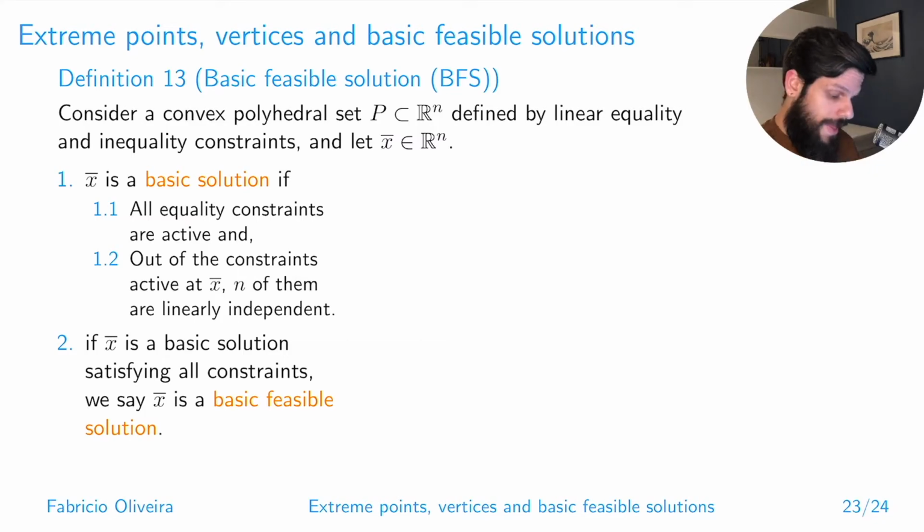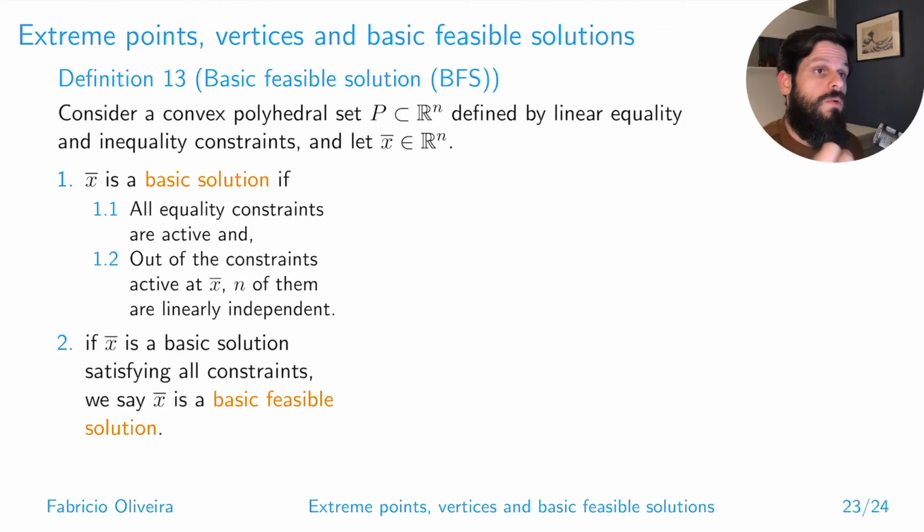So x bar is going to be a basic solution if all the equality constraints are active, so they are satisfied, and out of the constraints that are active, n of them are linearly independent. So the active constraints include the equalities and everything else, but in a way that n of them are linearly independent.